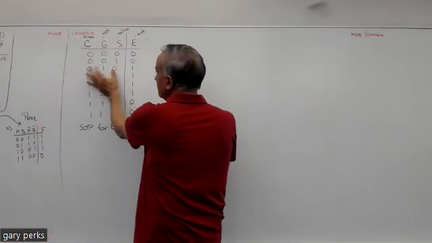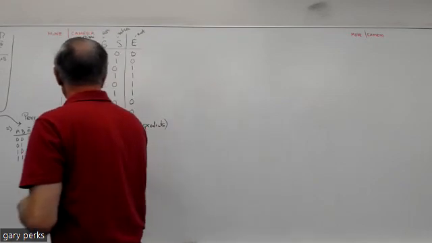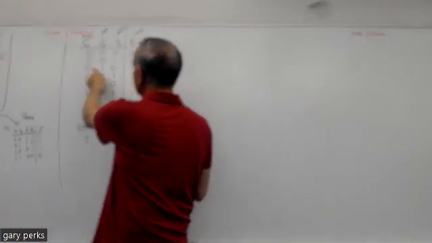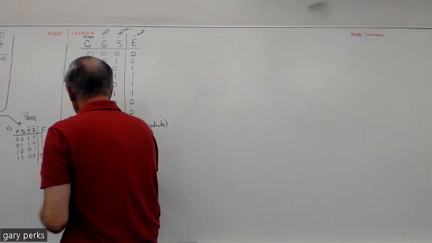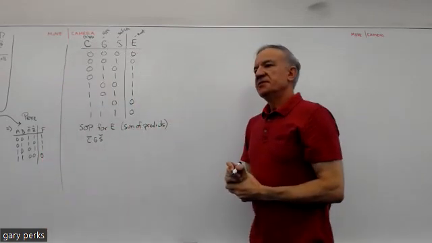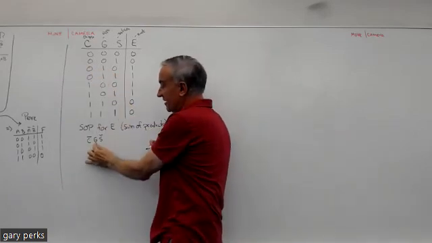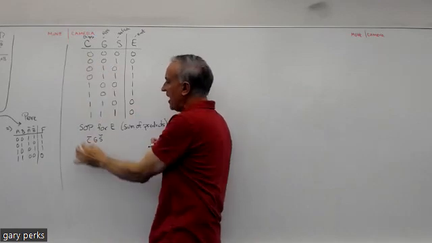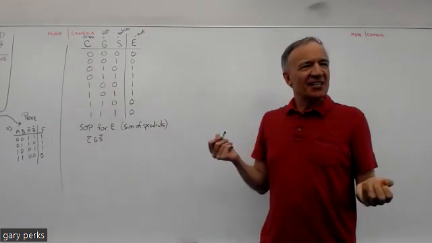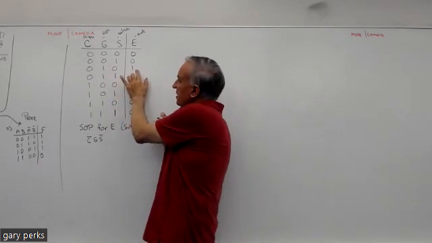So this row of the truth table would give us, as a term, not C, because C is a 0, G, because G is a 1, and then not S. Because this combination, I just have eggs. If you have it, there's no bar. If you don't have it, there's a bar over it, because that means you do not have it. Does that make sense?